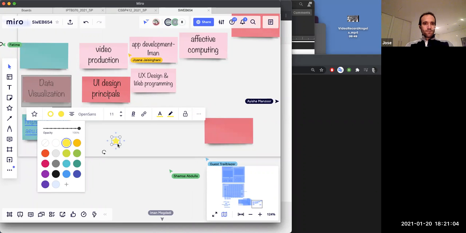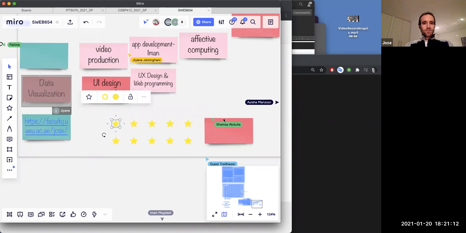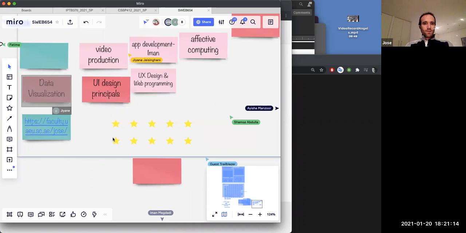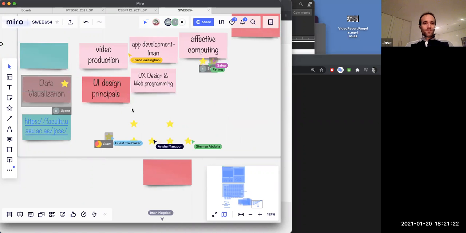You see the gold star? You pick one and place it on the post-it that you prefer. I'm a data fan, so I'm going to place it here. Just pick one and place it wherever you want. Perfect. You cannot vote for your own post-it.